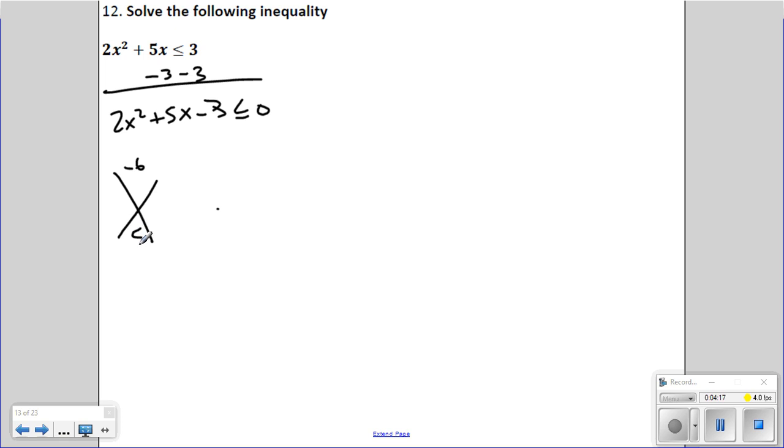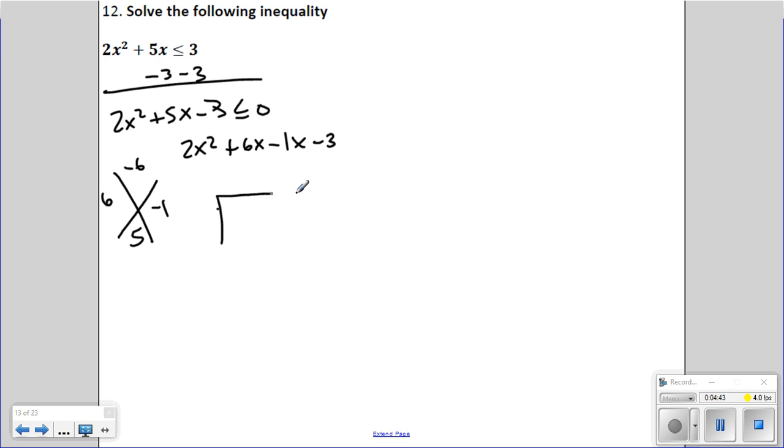B is 5. And to get negative 6 but a positive 5, I need a positive 6 and a negative 1. So to split the middle, it would look like 2x squared plus 6x minus 1x minus 3.